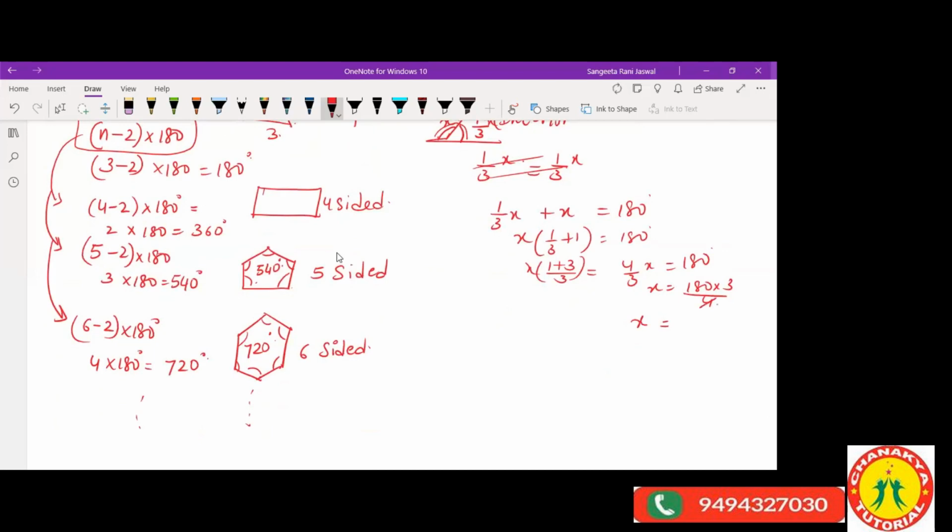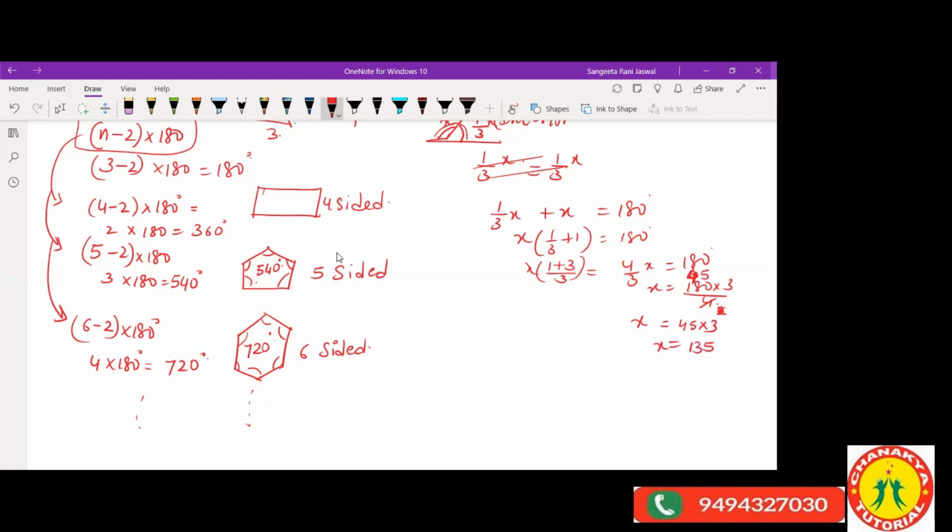This can go with 4. 4 fours is 16 and 45. So 45 into 3 is how much? 5 threes is 15, carry 1, so it is 135.